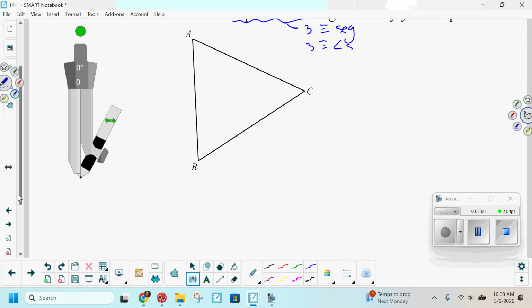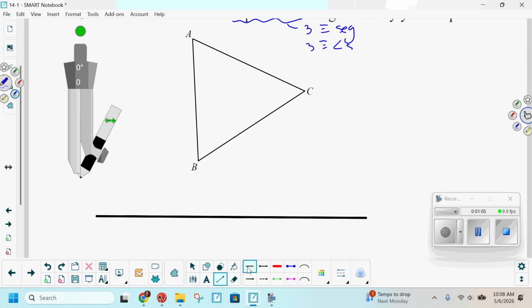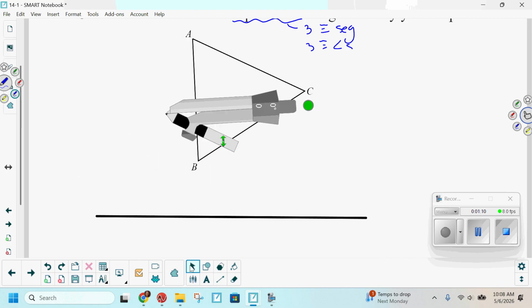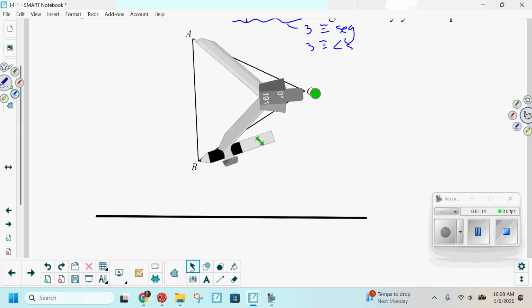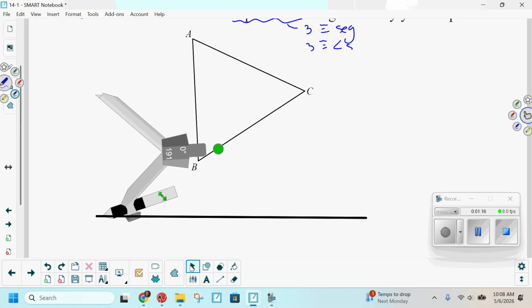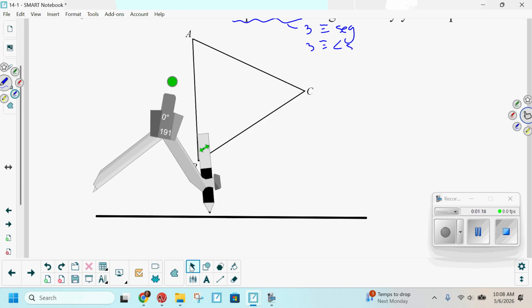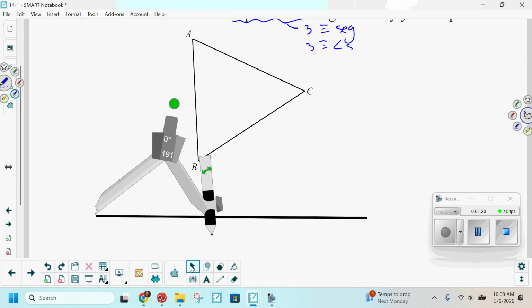So the way I'm going to do this with my compass is I'm going to draw one long straight line with my straight edge. And then I'm going to take my compass and I'm going to measure the length of each of these sides. So I've got AB here. So now I'm going to come down here and I'm going to make a mark for AB.